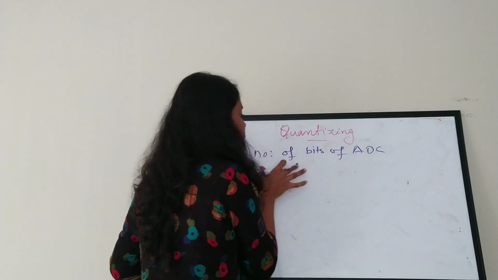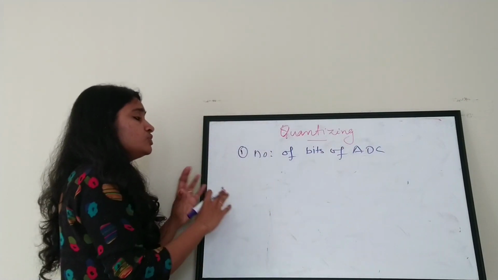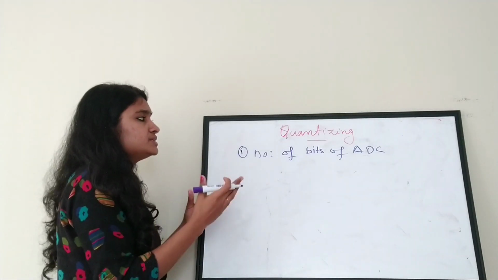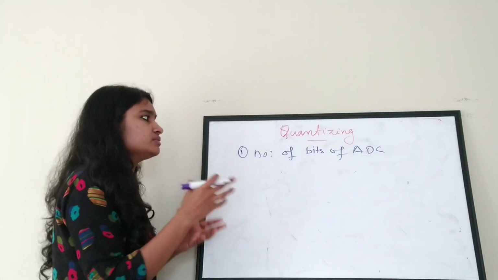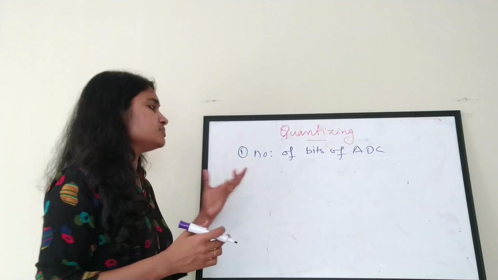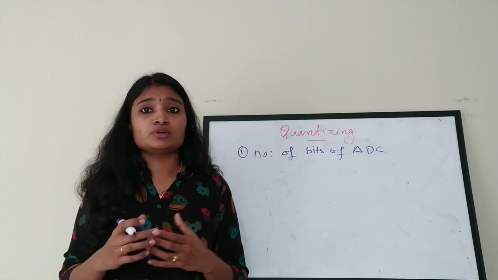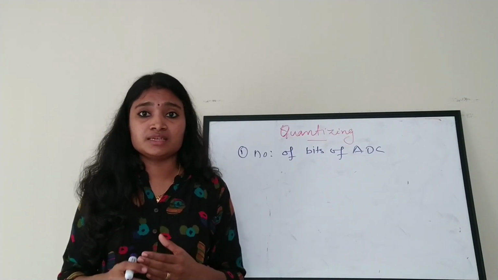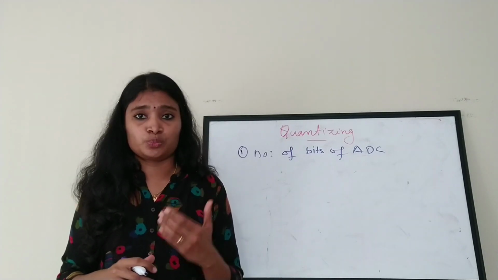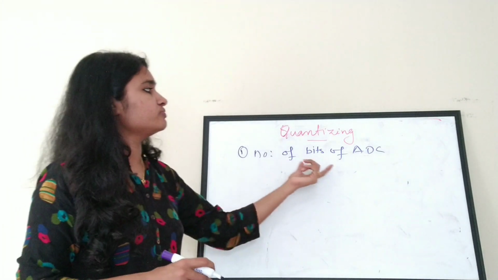This number of bits indicates the number of bits with which the ADC can represent the digital output. You know that digital representation is involved with binary numbers. So in how many binary bits the ADC can represent the digital output, that is called the number of bits.